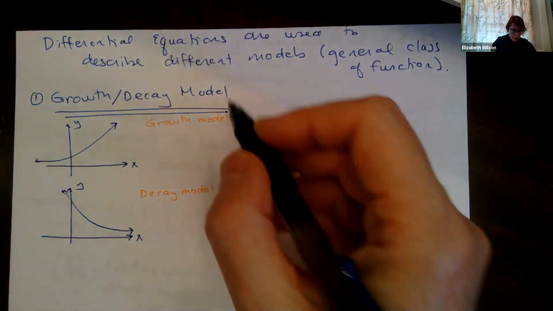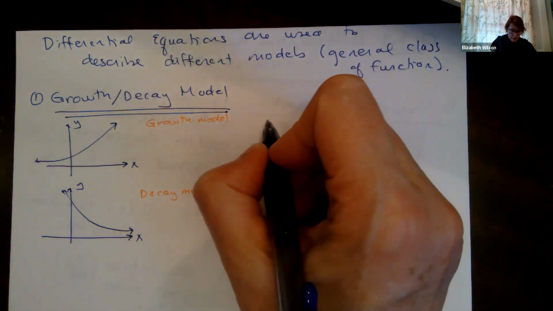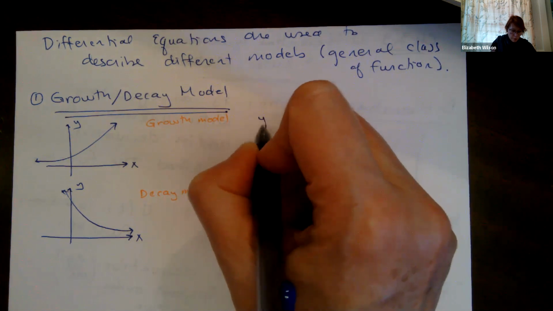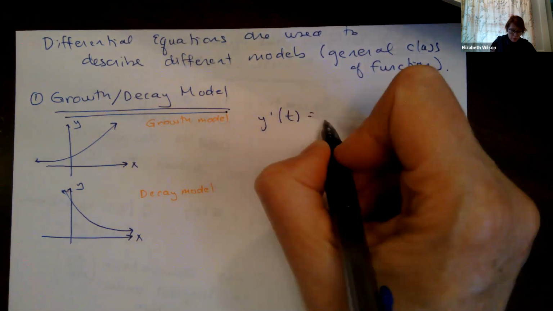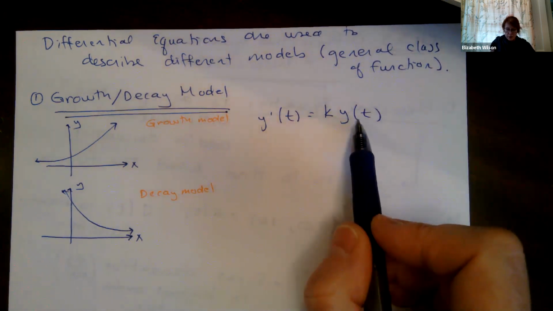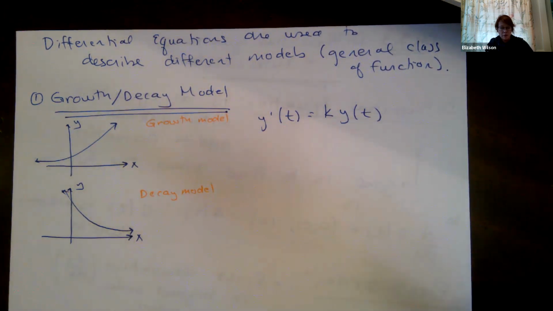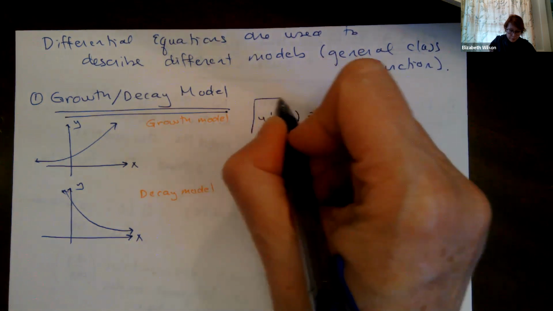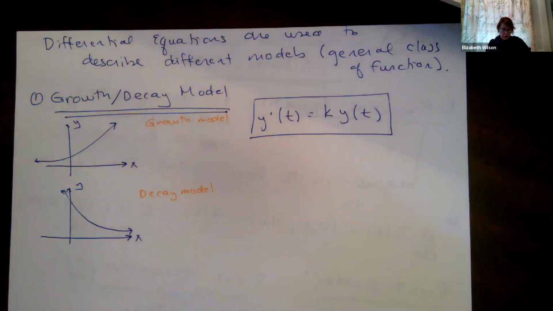So often the growth or decay model ends up looking like y prime of t equals some constant k times y of t. So the function is equal to its derivative times some kind of constant. Let's write that down.